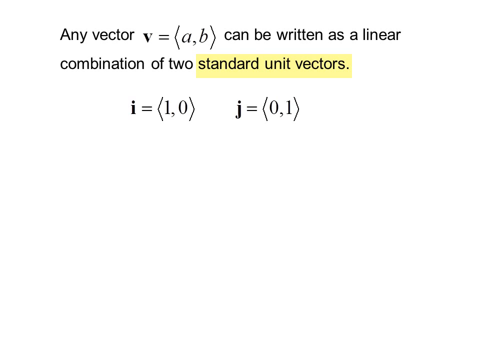Any vector v in component form AB can be written as a linear combination of two standard unit vectors, i, which is the vector 1, 0, and j, which is the vector 0, 1.